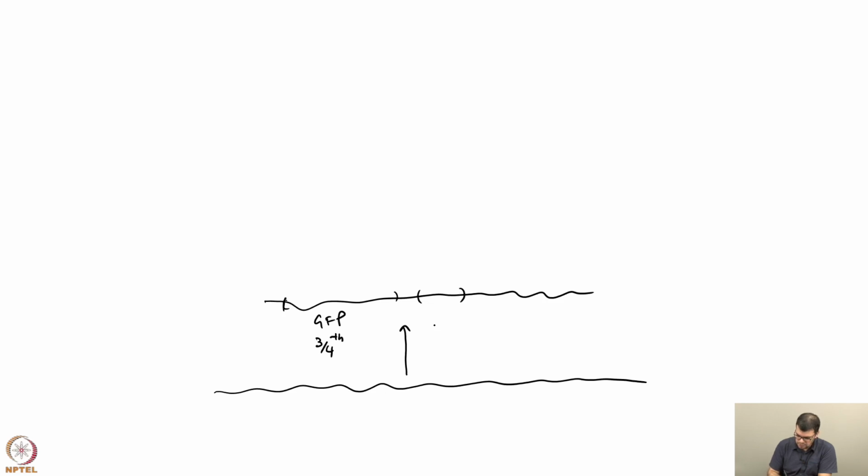Then you have the 1/4 remaining part, and after that you have RFP, which is red fluorescent protein, but not the full RFP, but 3/4.